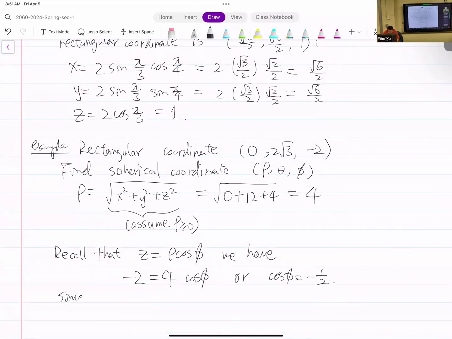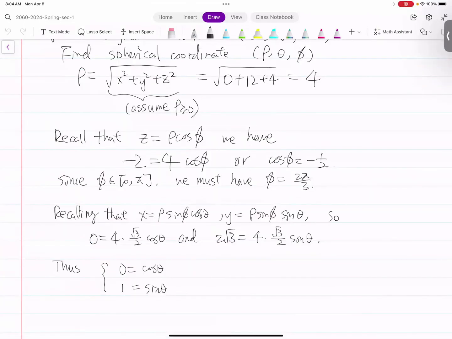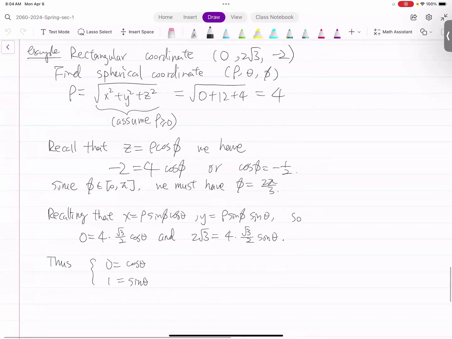Since phi is between 0 and pi, we must have that. So we are looking at the translation of the coordinates. Okay, so basically we have the rectangular coordinates (0, 2√3, -2). And we want to get the spherical coordinates. So we basically follow the order that we set up these parameters, rho, theta, and phi.